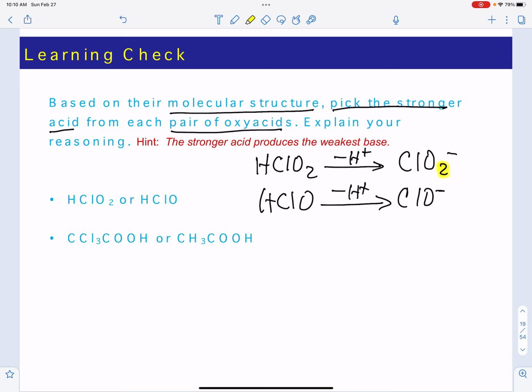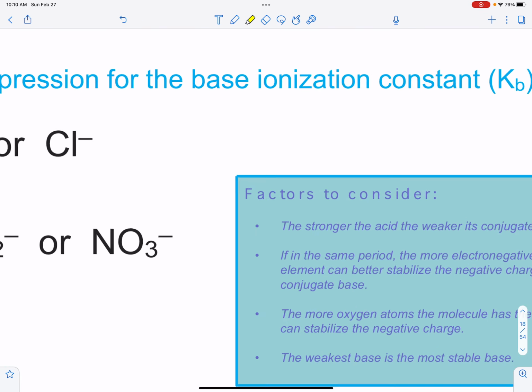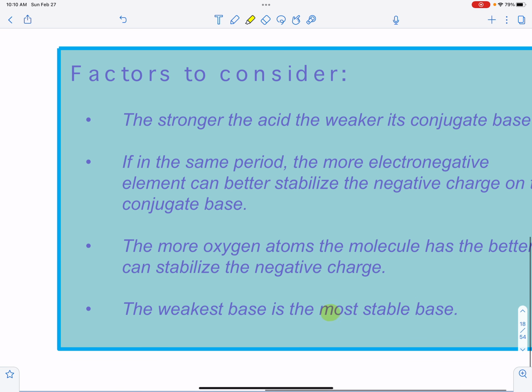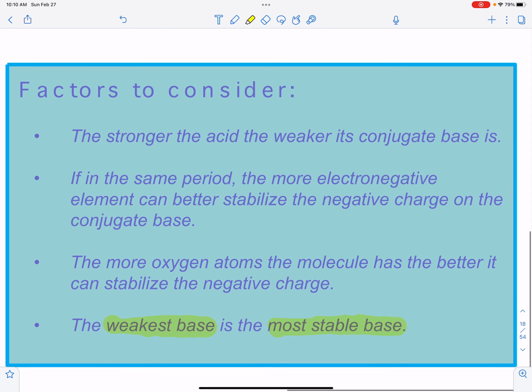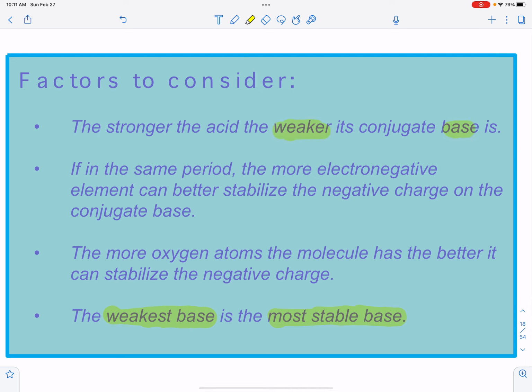Given that the negative charge is on the oxygen on both of them, then the bigger amount of oxygen makes the most stable one. The most stable base is the weakest base. And the weaker base gives us the stronger acid.